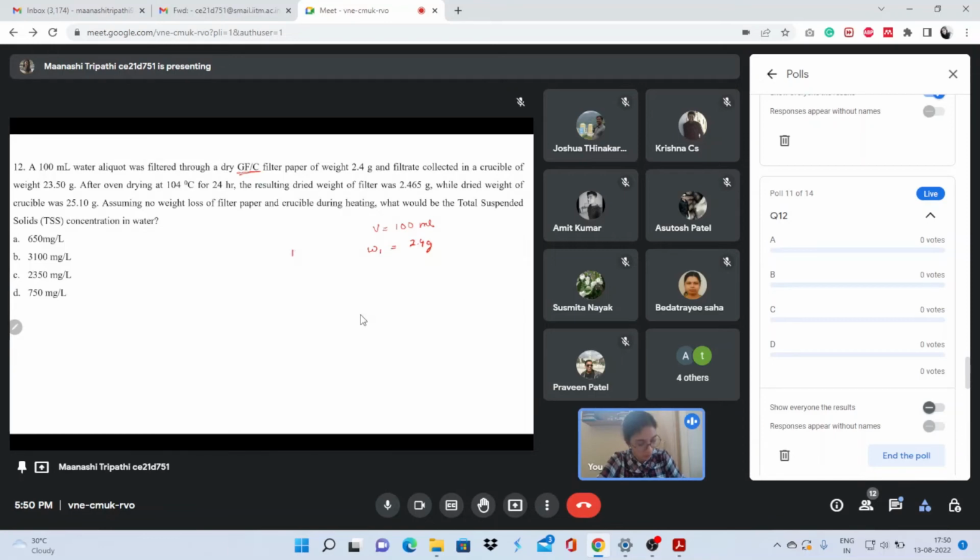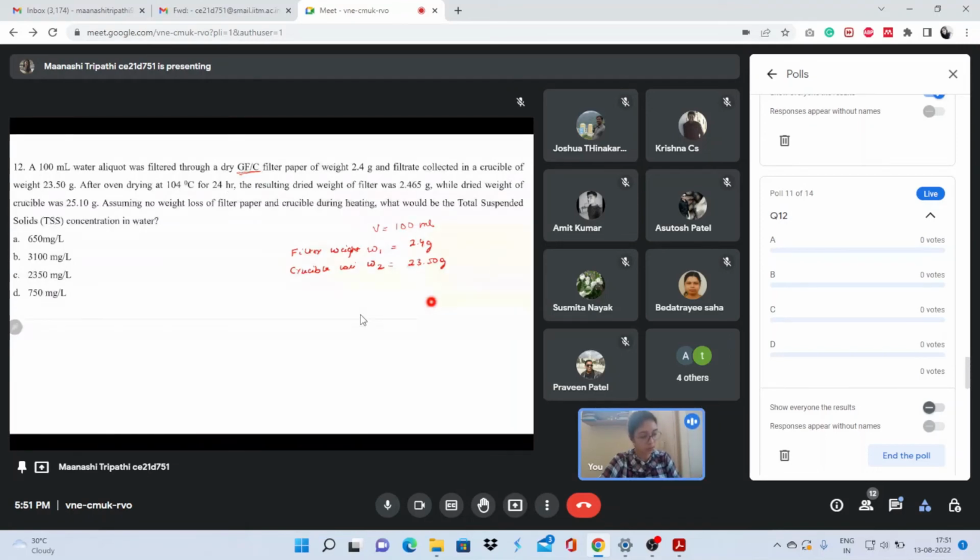So W1 is the filter weight. Note down every point. Now the crucible weight is 23.50 grams, W2.